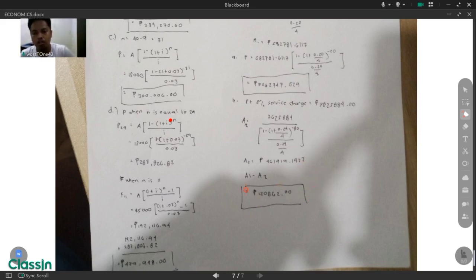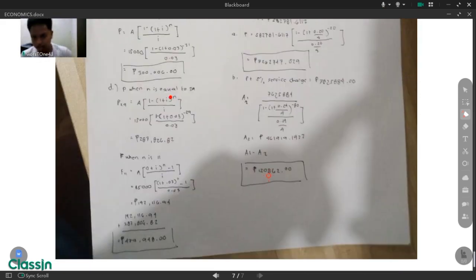Subtracting it results to 128,862 pesos as the difference with the payments. And that will be all. Thank you.